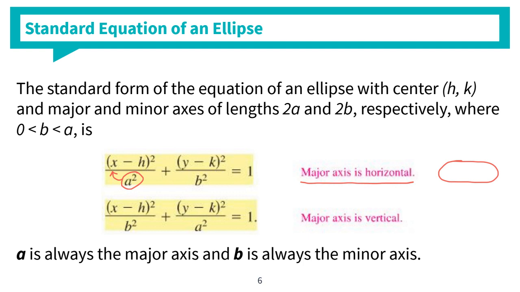And the x tells us that we are on the horizontal axis. So the fact that there's a connection between the major axis being horizontal and x being above the a value is not a coincidence. So the a value is always going to be the larger of the two denominators. So b will always be the smaller one.